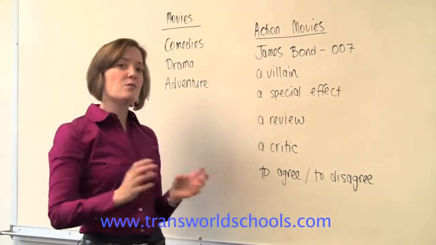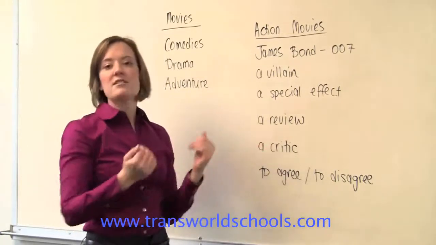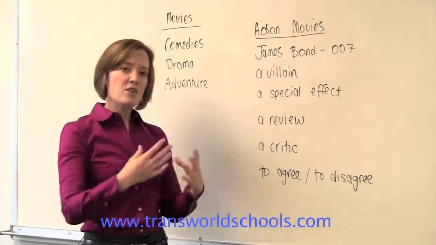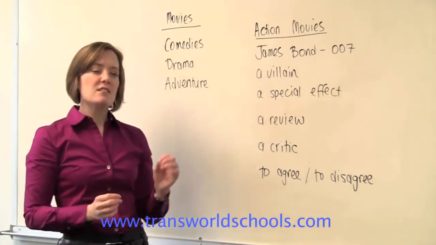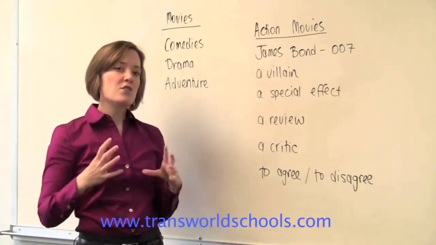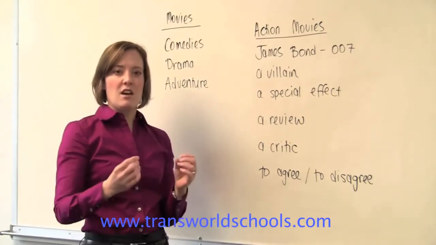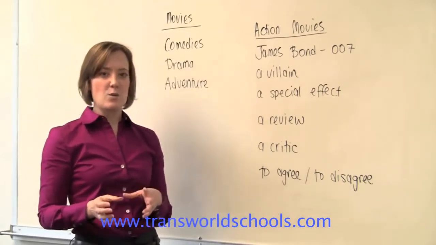We have good guys and we have bad guys. What's another name for the bad guys? When students say the word villain, I know that they know what villain is already. But what usually happens is maybe one or two students will shout out the word that you're looking for. So you need to concept check with the other students to find out if they understand what it is as well.